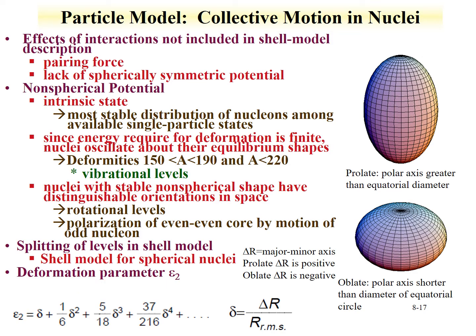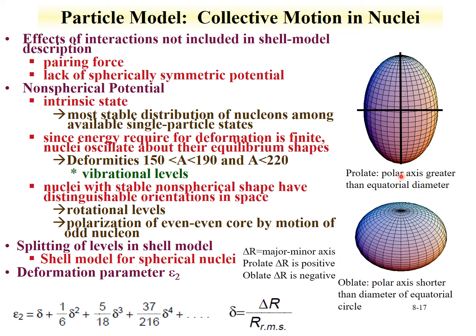The main assumption of the shell model is that nuclei are spherical. If one applies a particle model and discusses nuclei as particles in collective motion, one can come up with shapes that are non-spherical. Nuclei can have shapes such as prolate, shown here, or oblate.